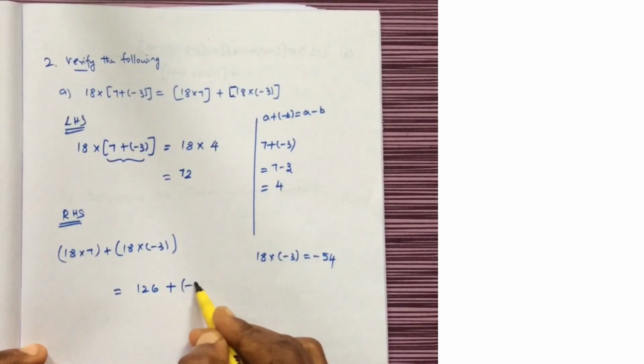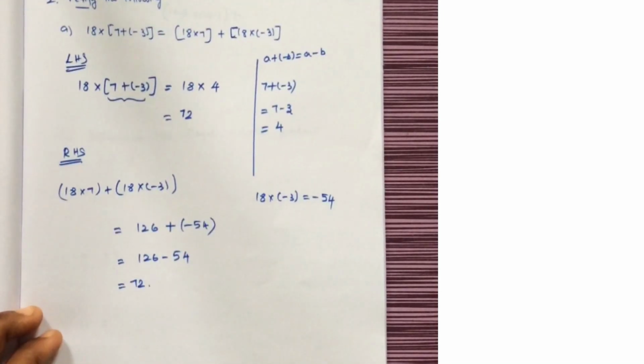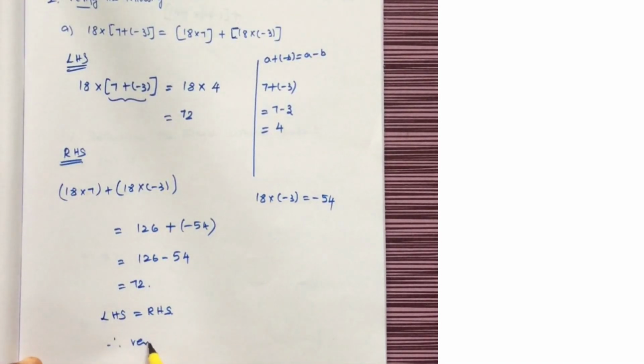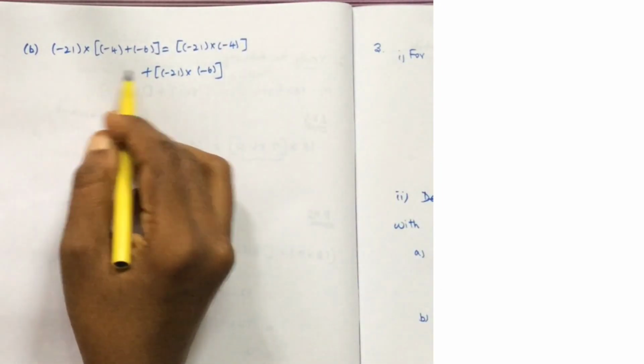Okay, now minus 54. Again, a plus of minus b is a minus b, that is 126 minus 54, that is equal to 72. Now left hand side is equal to the right hand side, therefore verified. They both are same.